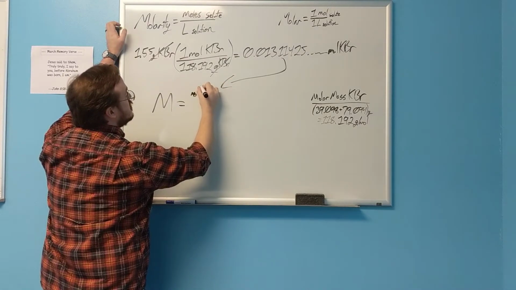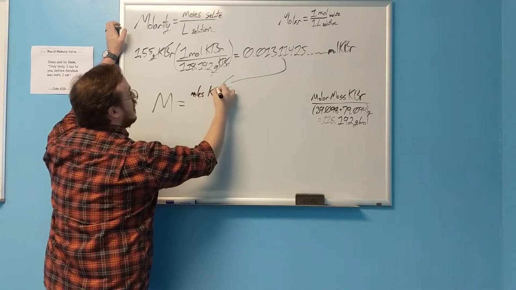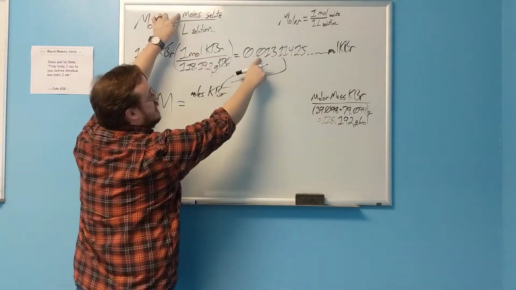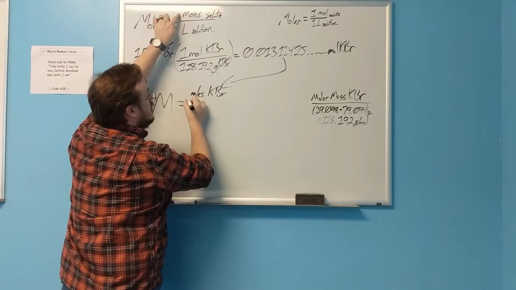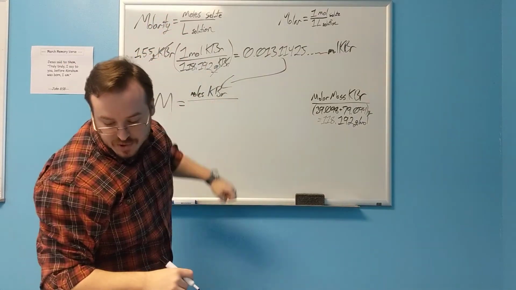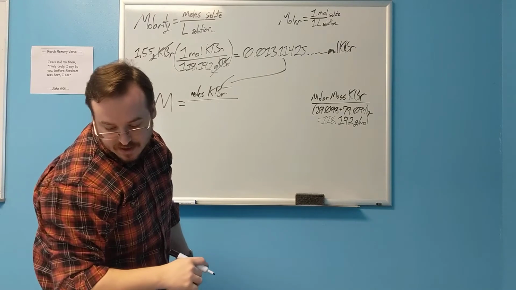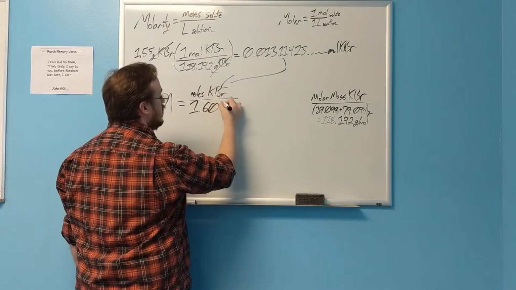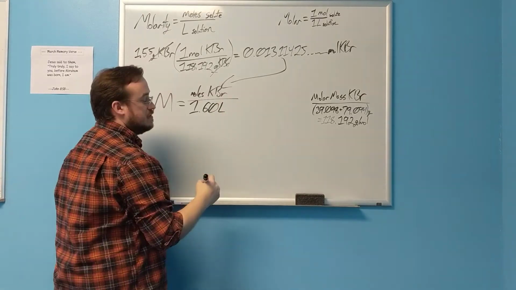So moles KBr, because that's our solute. So I'm just leaving this number on my calculator. I'm going to put divided by liters of solution. And the book tells us that there are 1.60 liters of solution.